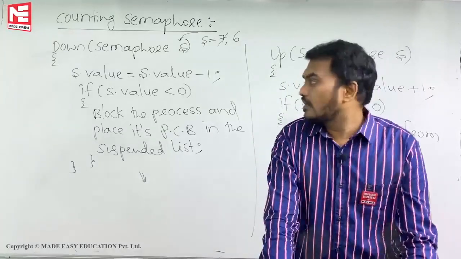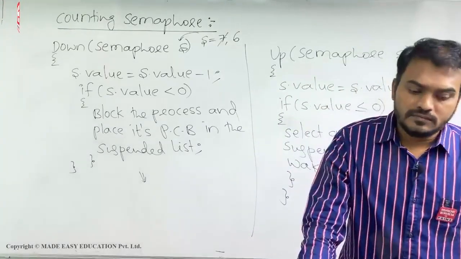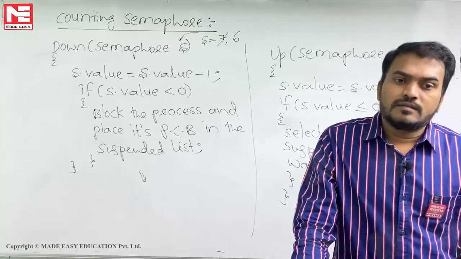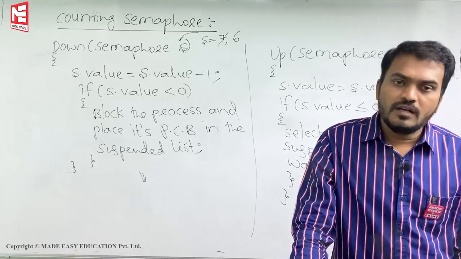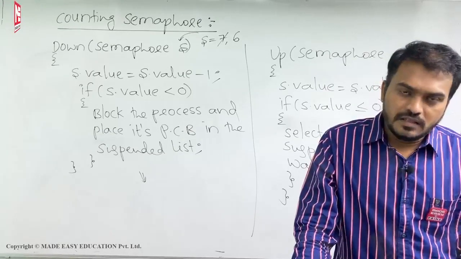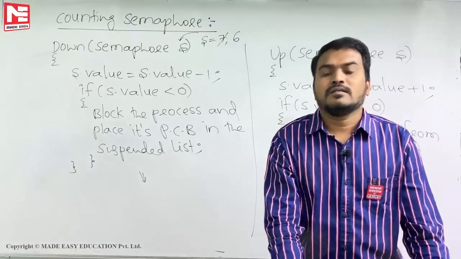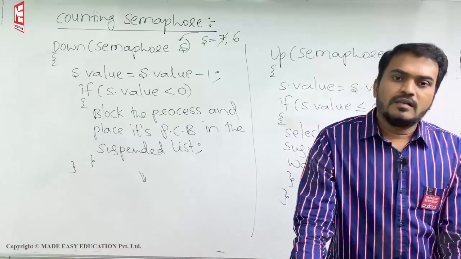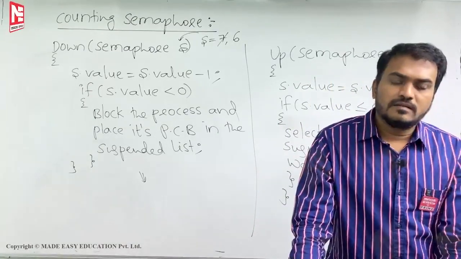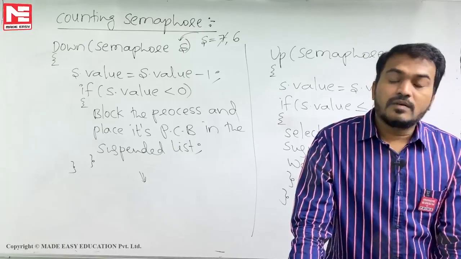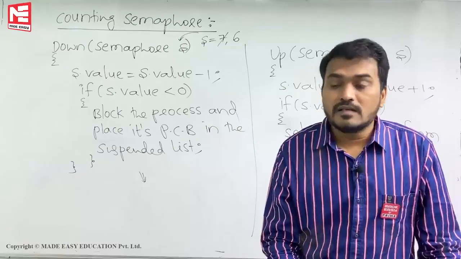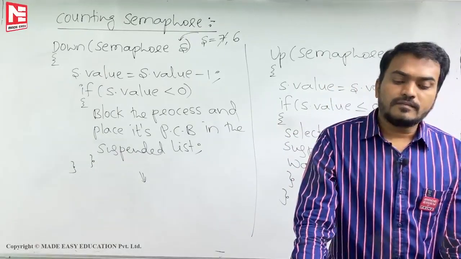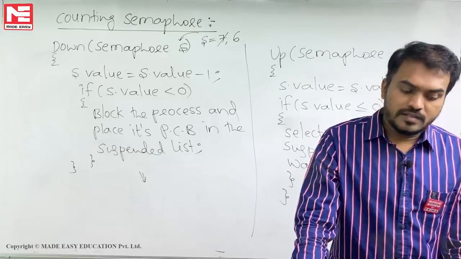Note down. After performing down operation, if the process is getting suspended, then it is called an unsuccessful down operation.